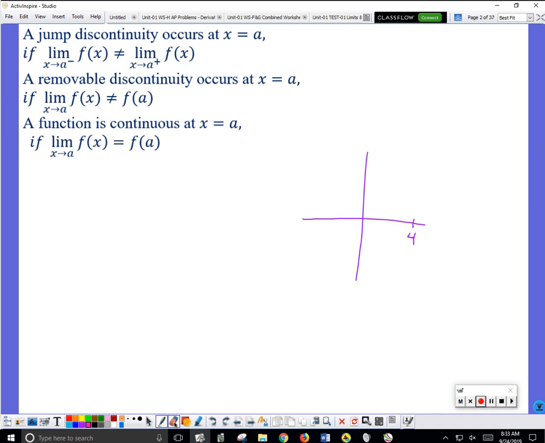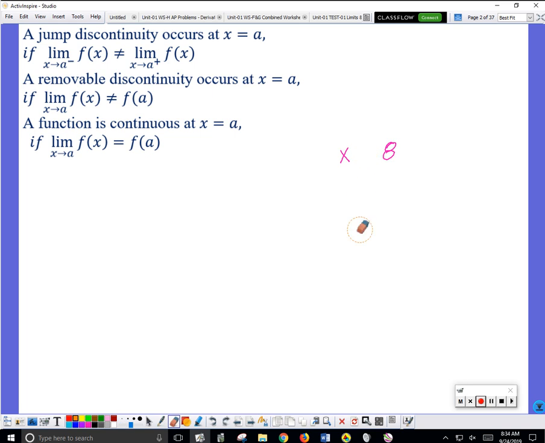A common way for a removable to occur is in a piecewise function. But another common way is you plug in an x-coordinate of, I don't know, 8, so it's not x approaching 8, it would be actually x equaling 8.